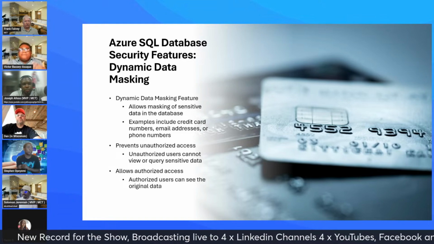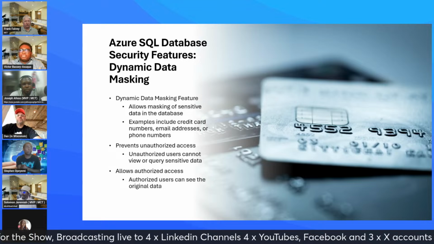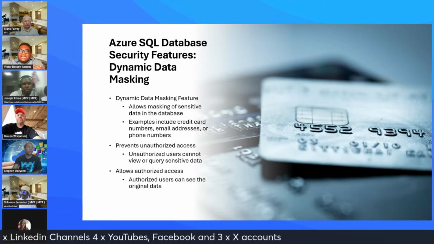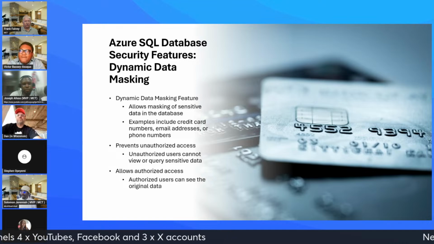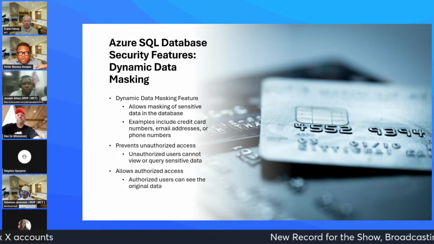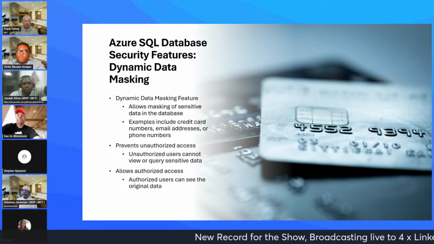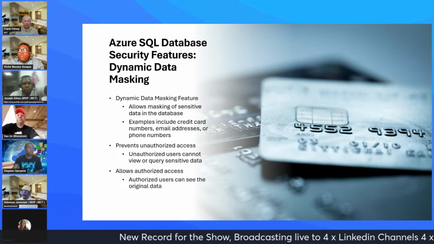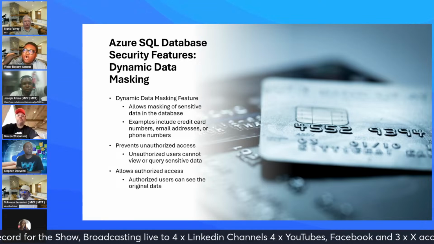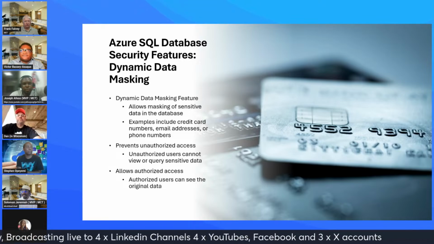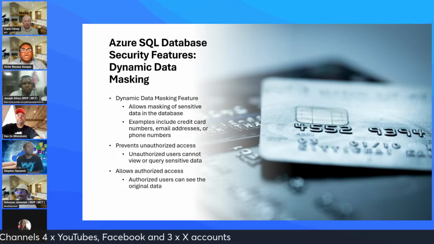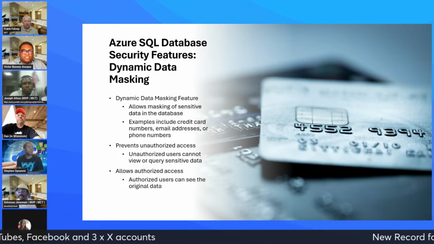It allows us to mask sensitive data, such as maybe credit card numbers, email addresses, and it allows us to obfuscate these characters, helping to prevent unauthorized users from querying or even viewing the data, while it will still allow authorized users to still see the original data. So that is also a very important feature of Azure SQL database as well.